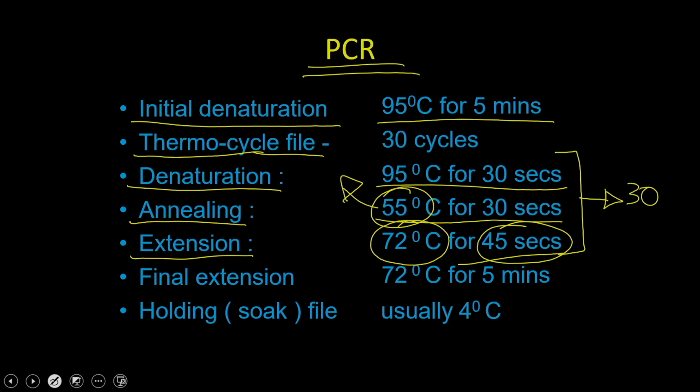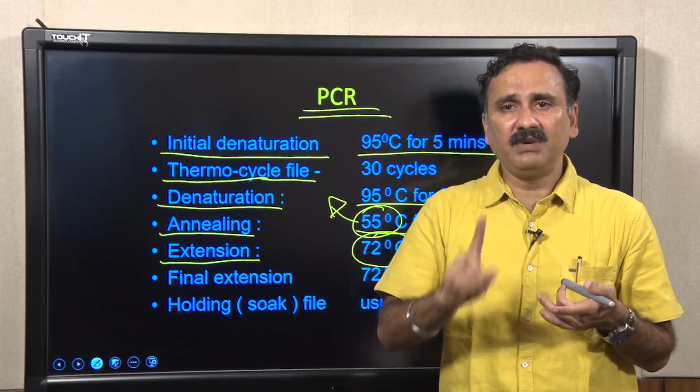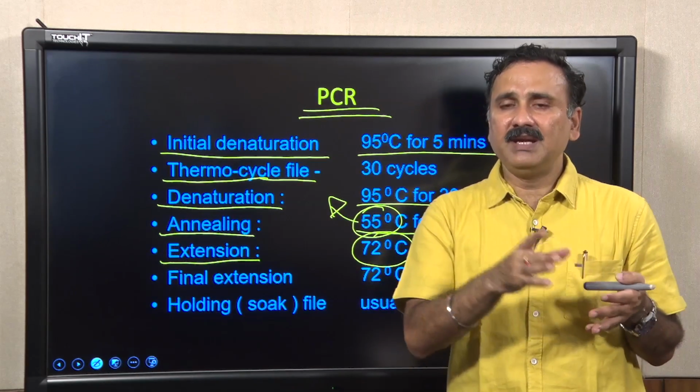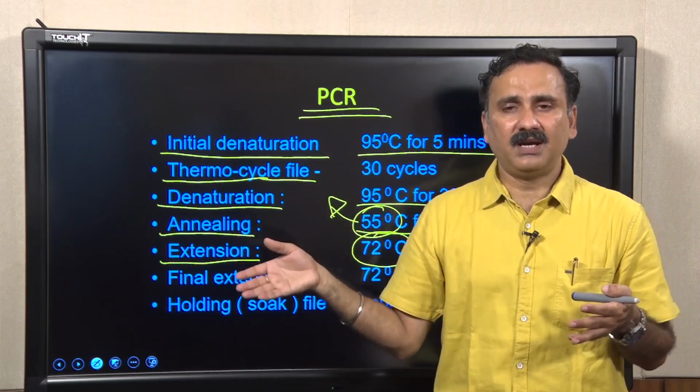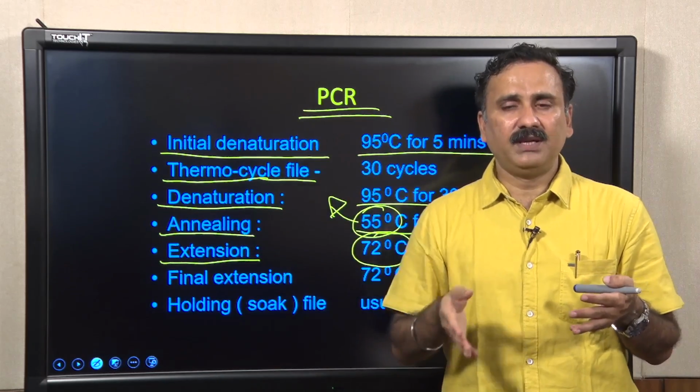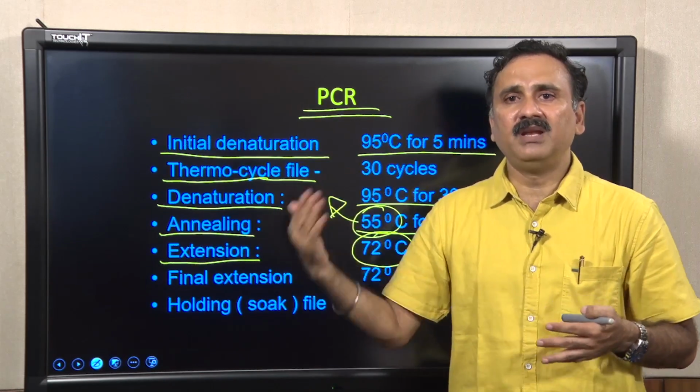The extension time is also calculated based on the size of the target DNA, because as you might have seen, 1000 base pairs are synthesized in 1 minute, which means you can simply divide your target DNA size by 1000 and put that many minutes.